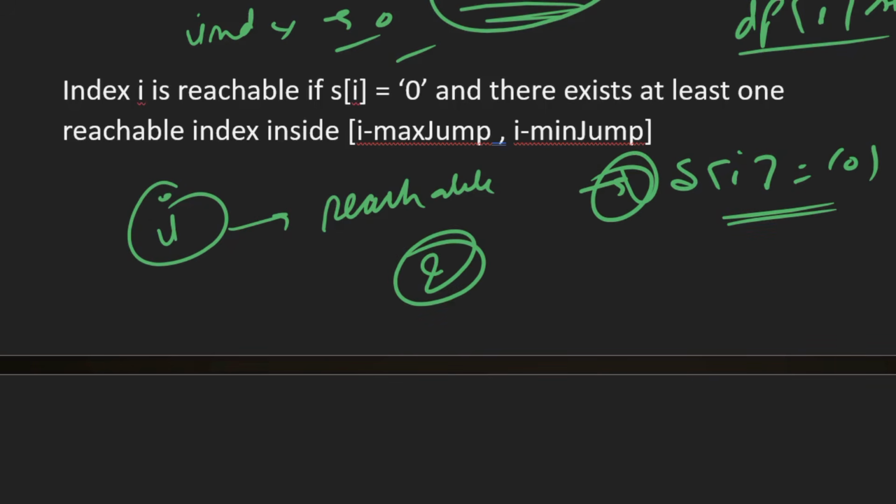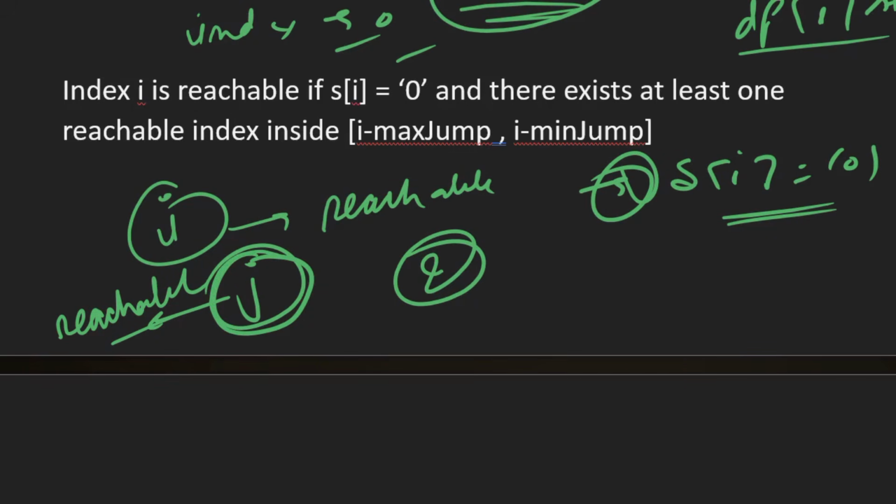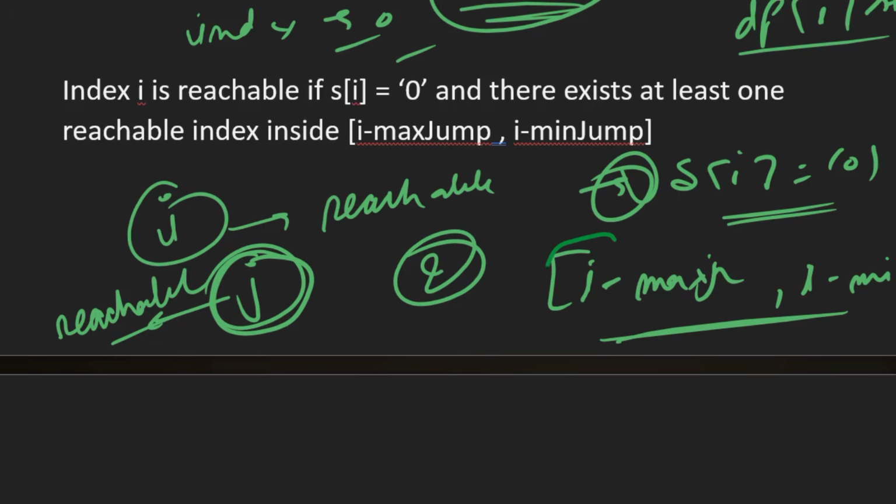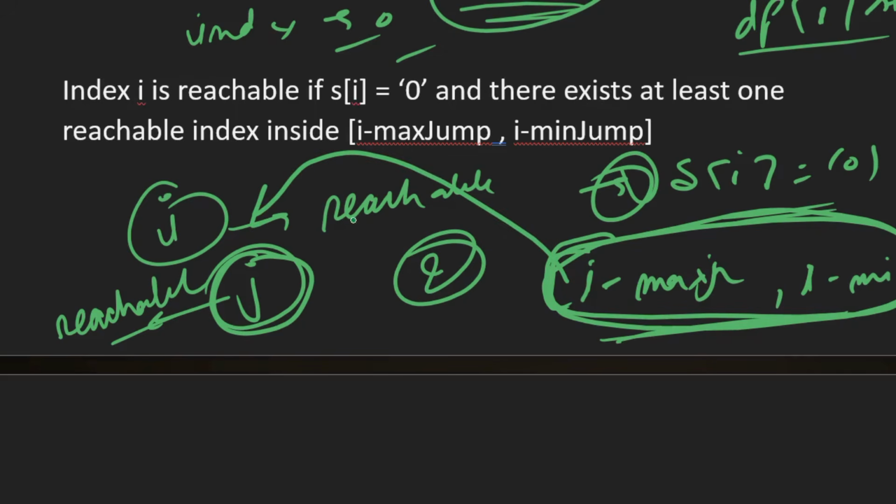Second condition, there should be a previous index j that is reachable. And as we know, the range of j is i minus max jump, comma, i minus min jump. If there exists any index in this range which is reachable, then from that index we can jump to index i.